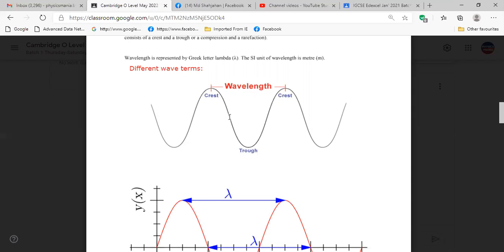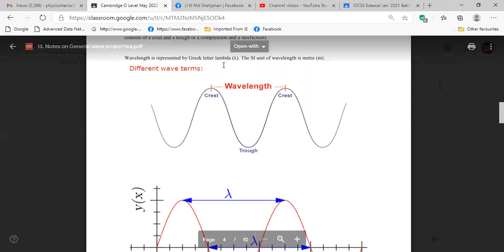From the trough to crest means what? You are meaning that here the trough is starting, right? The trough starts here, the trough is done, right? Here you see, this is the lower part, right?